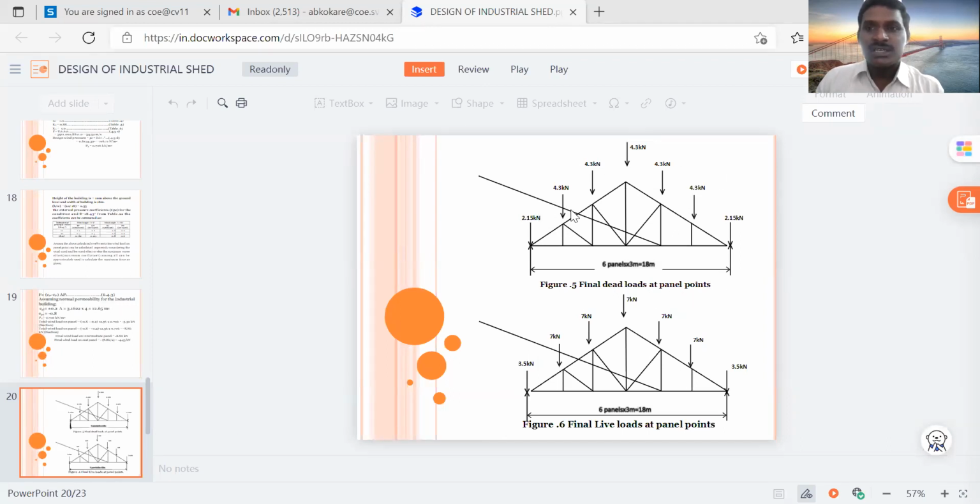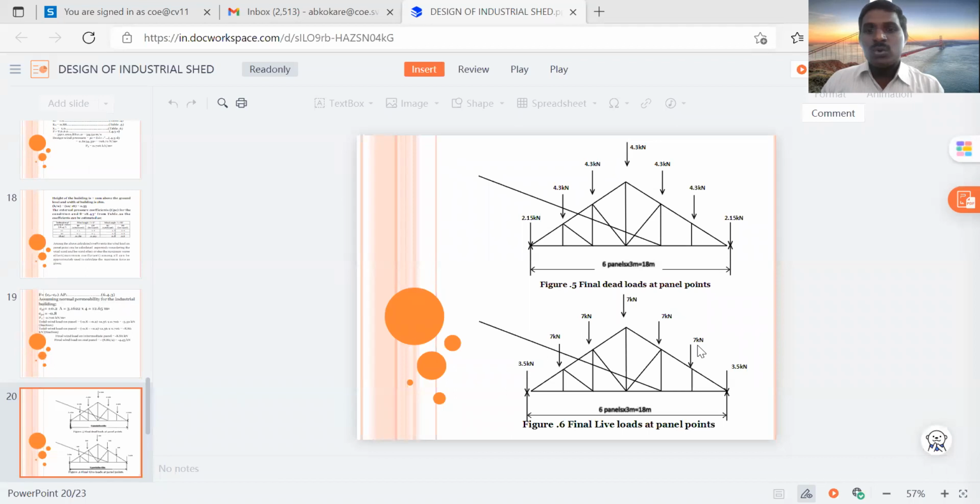We have calculated 4.3 kilonewton on the intermediate panel point and 2.15 kilonewton on the end panel point. So the first image shows the dead load acting on each panel point. The second image shows the live load.